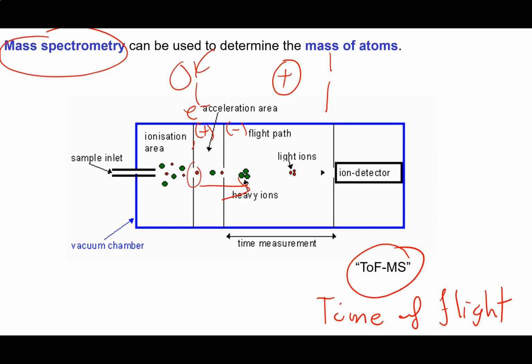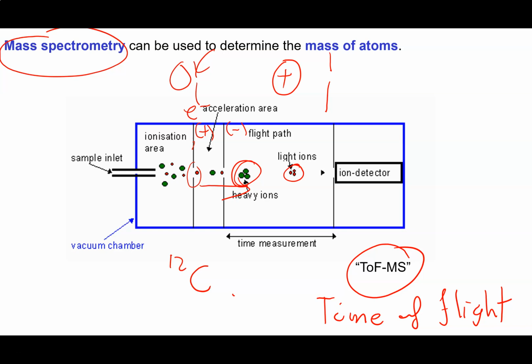And what will happen is they will separate according to mass. The heavy things will take a long time to travel down to the detector, and the light things will take only a short period of time. And if we have a standard in there, i.e. we have like carbon 12, then we can determine the relative mass of these different particles. So that's basically one way.